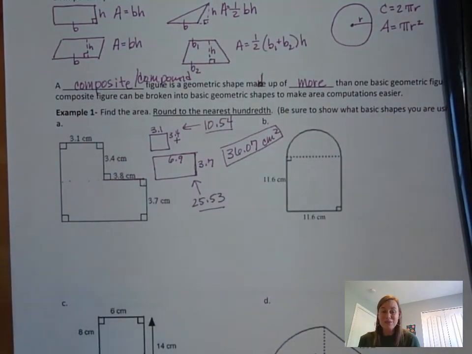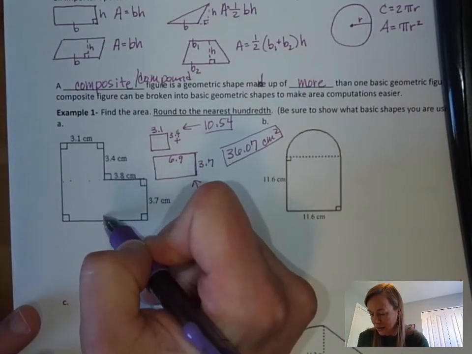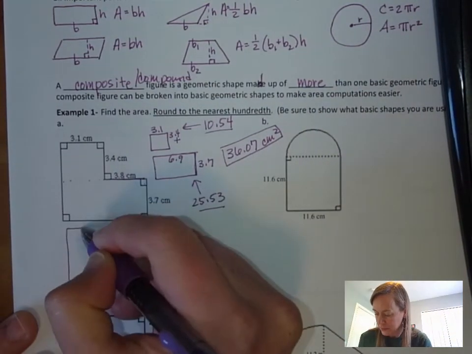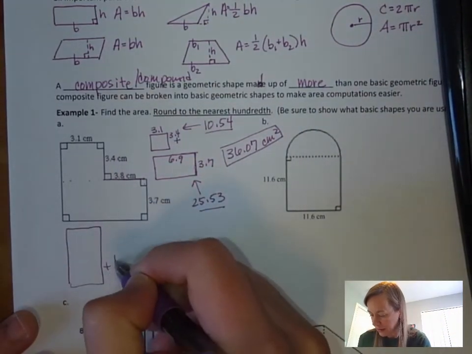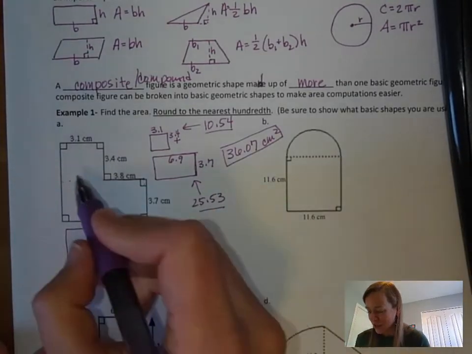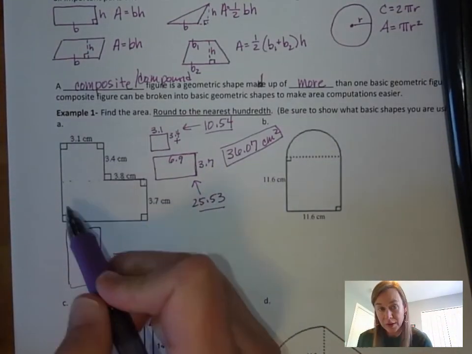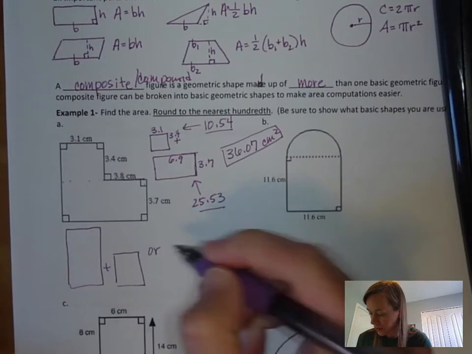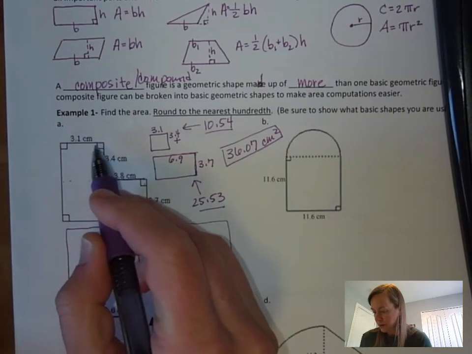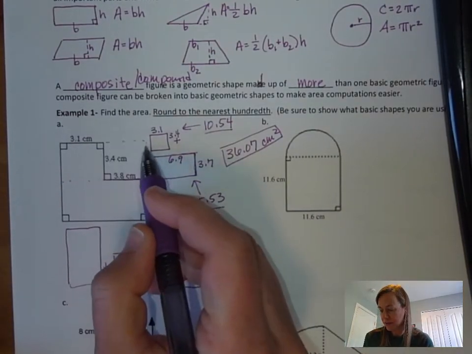Now, are there different ways to look at this? Absolutely. You could think of it as a big rectangle going this way, and then the smaller rectangle here, so kind of like this. That plus this. You can figure it up that way. Does anyone see a different way to figure it up? This one's kind of fun, I think. You could think of it as a big square, I'm going to just write or here, big square, like this, out to here.